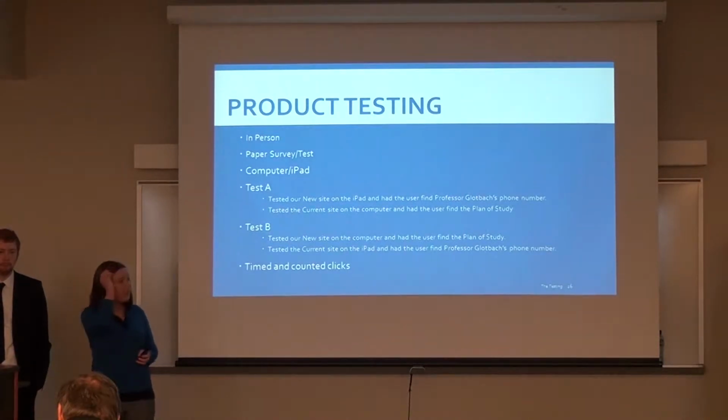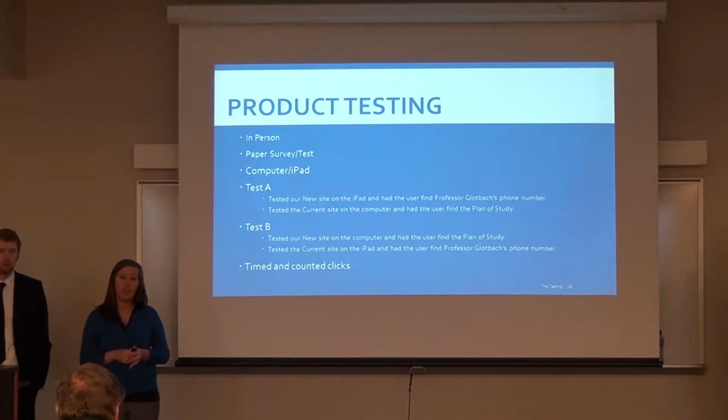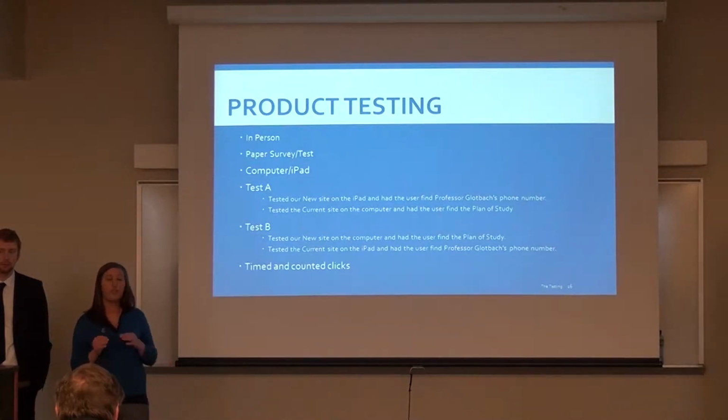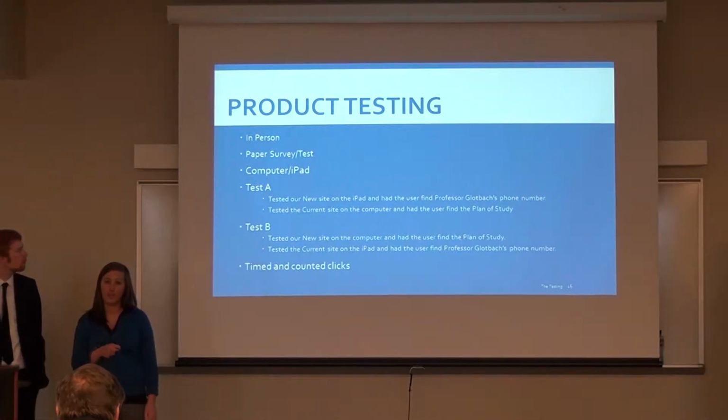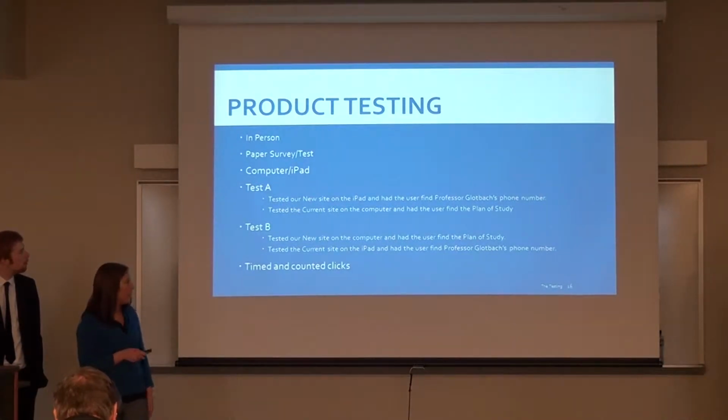After they had completed the test, we had them sit down and fill out a portion of the survey, and then they answered questions related to the version of the site that they tested on. The questions asked them more relative to the site, how they liked it, was it easy, and things like that.